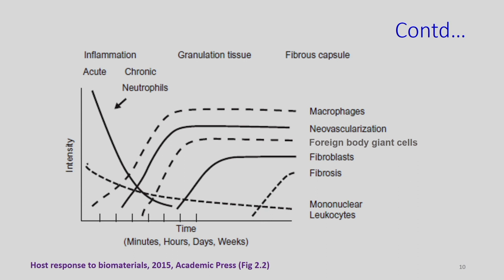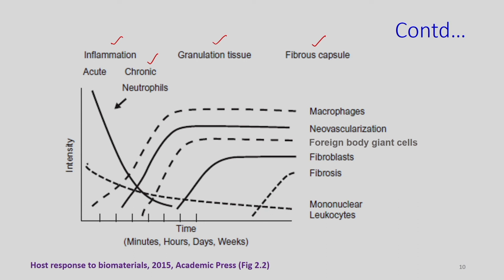In that timeline, it starts, let us say, from minutes with the acute inflammation, then from the acute it goes to chronic inflammation, then to the granulation tissue, and finally the last step is the fibrous capsule.